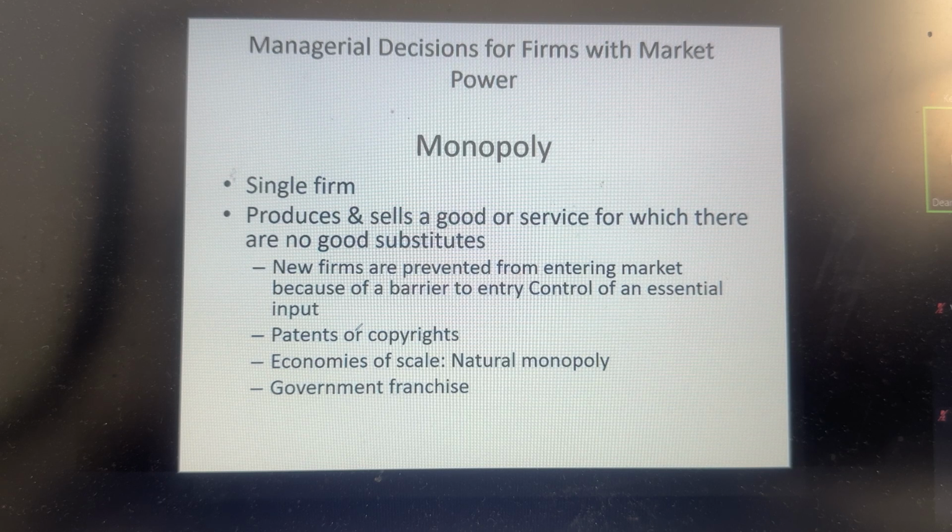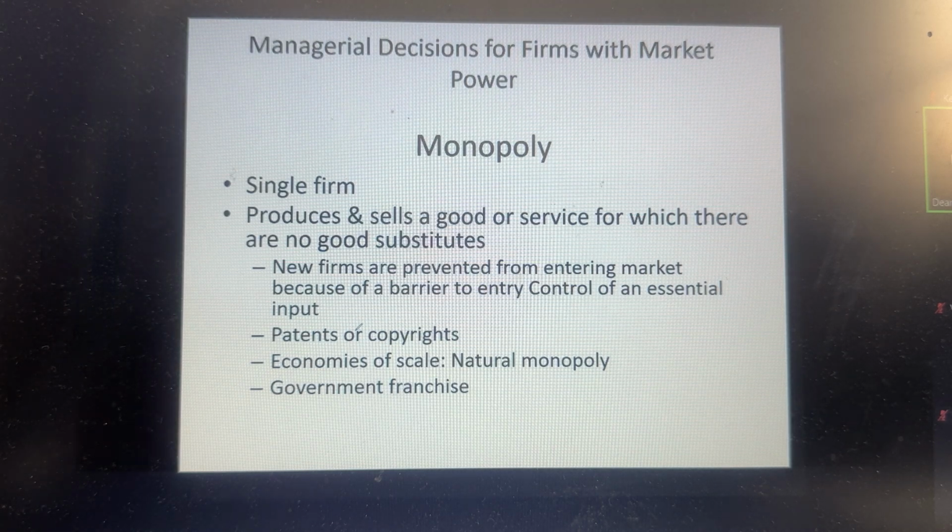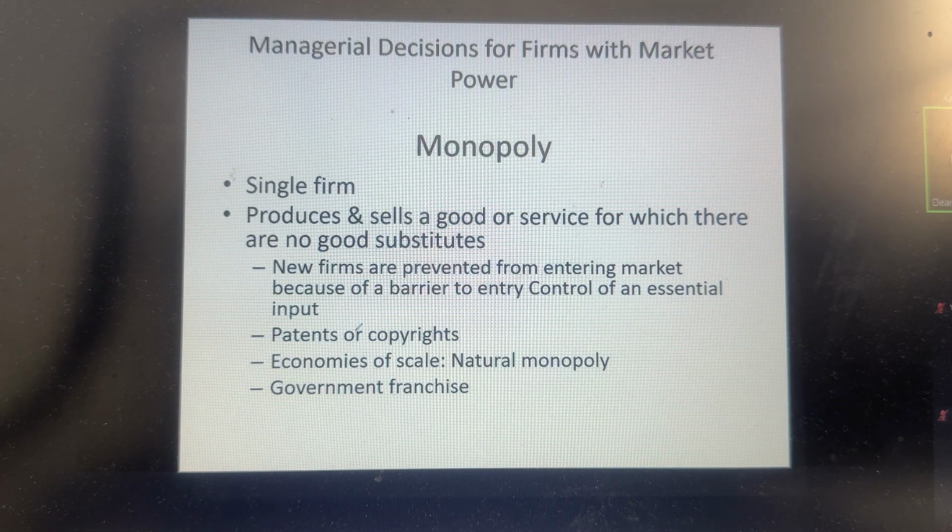And the next reason is economies of scale. It's also called natural monopoly because with the expansion of the business, the large firm manages to reduce the cost continuously. With the reduction of the cost, other small firms, new firms, cannot compete with the large firm's low cost.